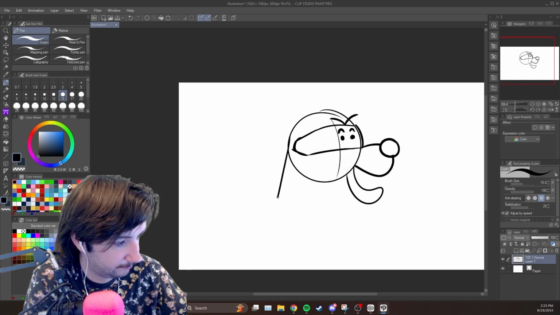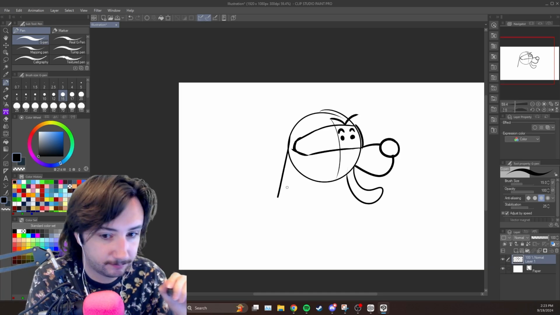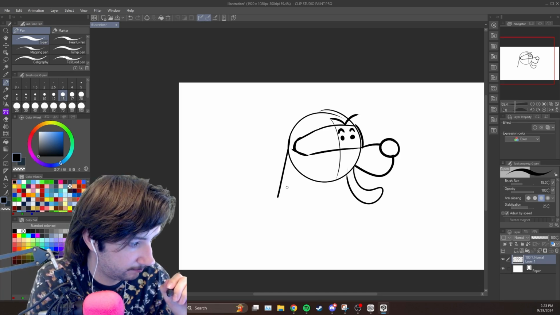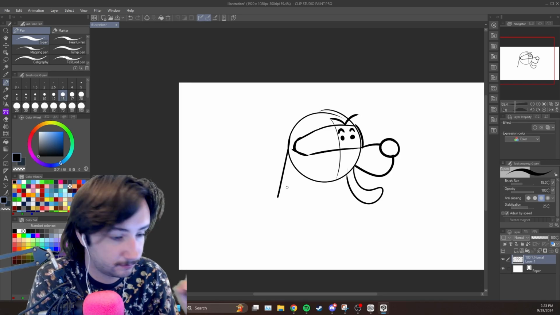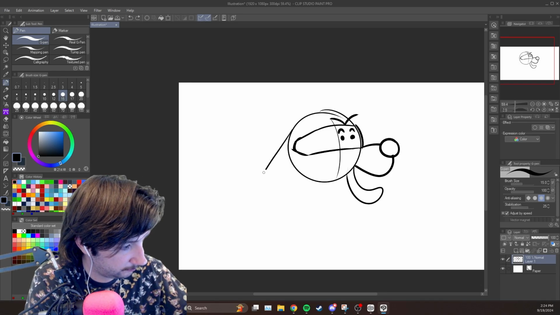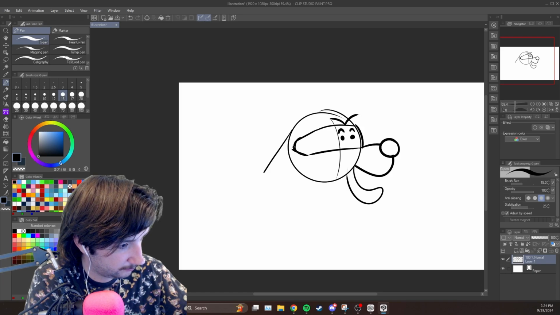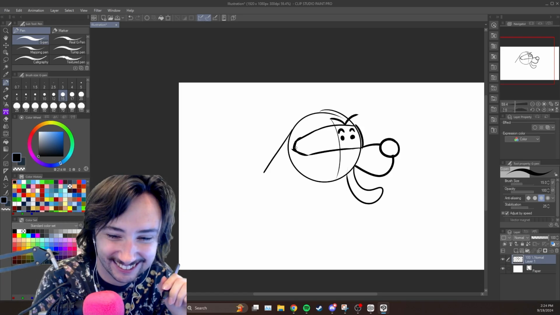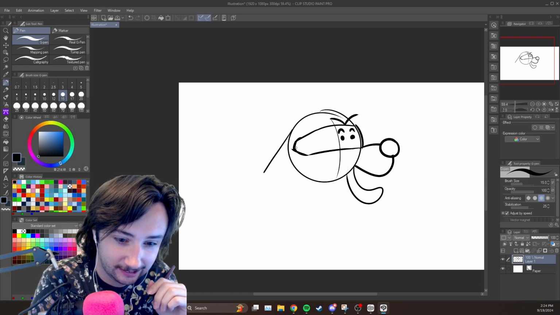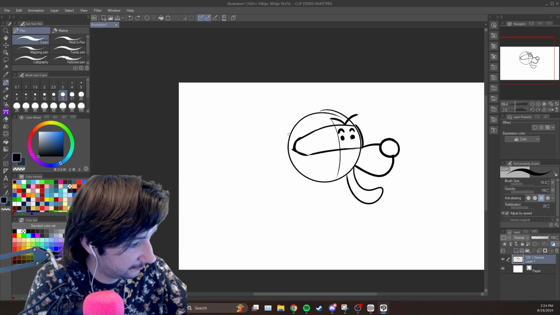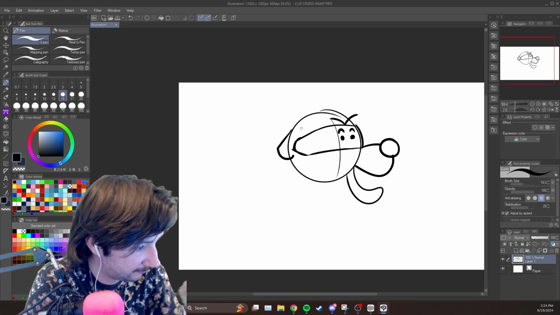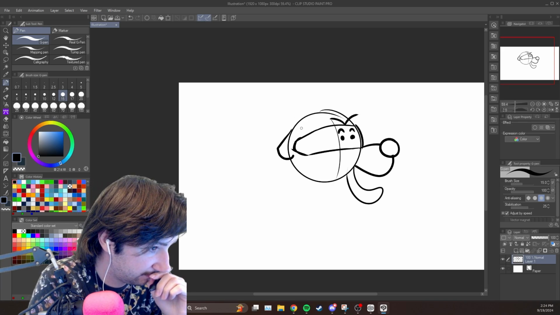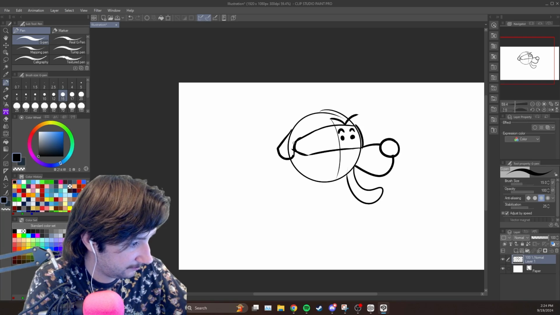It's almost horizontal, slightly angled downwards, a line that's about an ear's length out. And then you're going to draw a curved line coming back. It's going to curve down and sag, and it's going to come up back to the sphere.